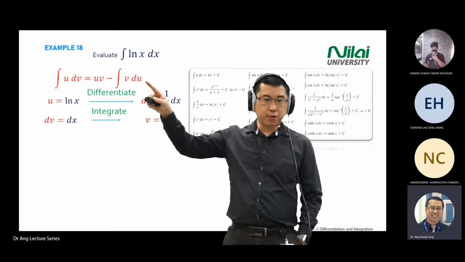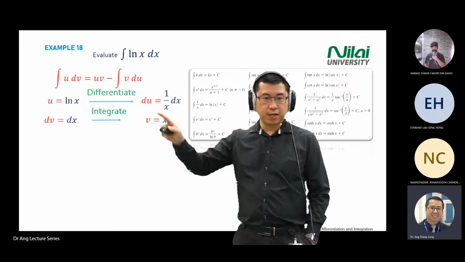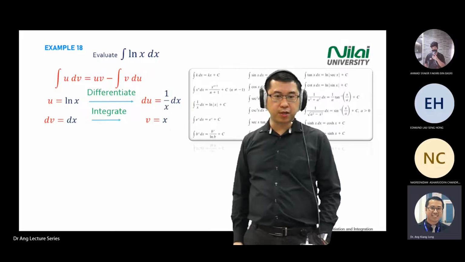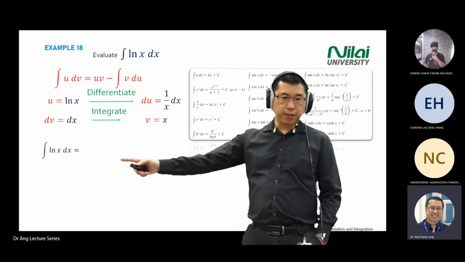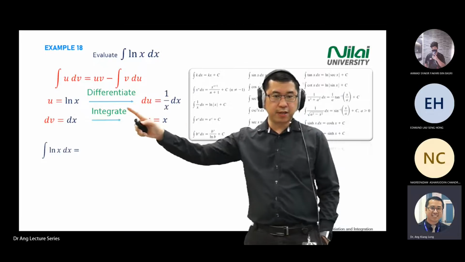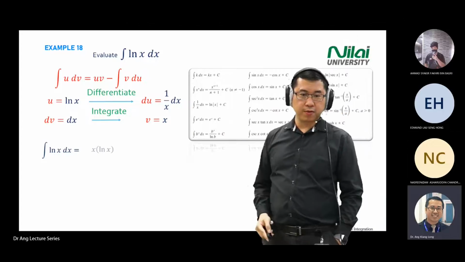Next step, you just put in the value using the general equation. You copy the question, then use the red color equation. Substitute all these values inside there, rearrange. If needed, use the table to help you.